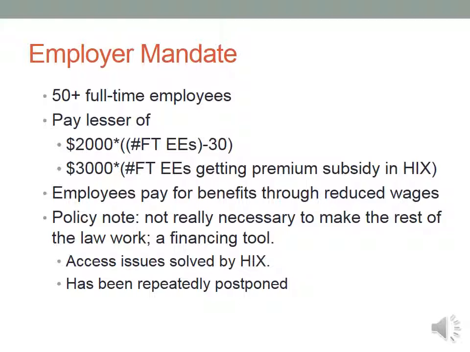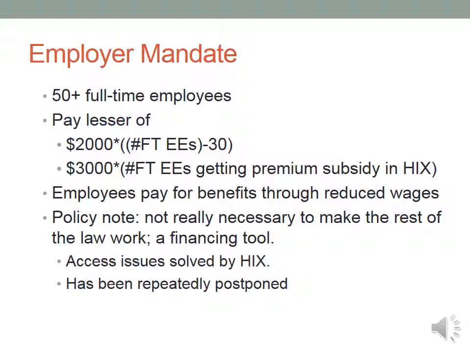It's the lesser of two amounts, $2,000 times the number of full-time employees in excess of 30. So if you had 60 full-time employees, that difference would be 30 times 2,000 would give you a $60,000 penalty. The other possible penalty would be $3,000 a year times the number of full-time employees who are getting a premium subsidy through the health insurance exchanges.